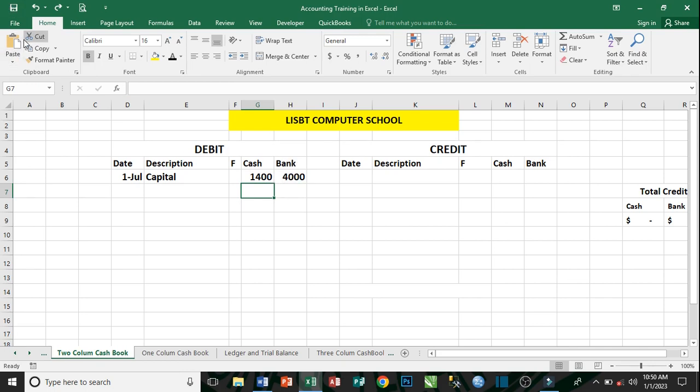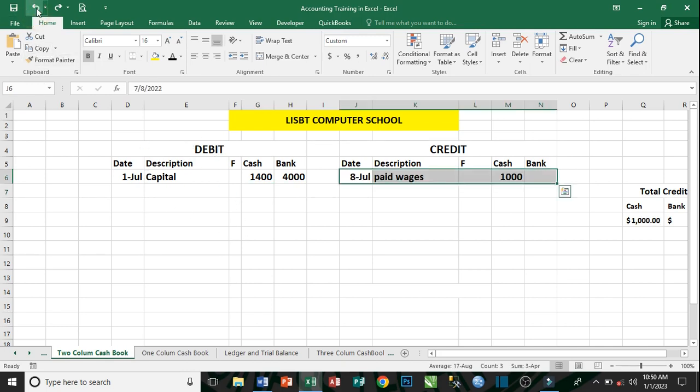So now we come back to the second question. The second question says July 10, 2022, Kia sale, $6,000. That means that money has come to us. We didn't spend the money; we sold a Kia. That means we record it on the debit side. So I just paste it here.